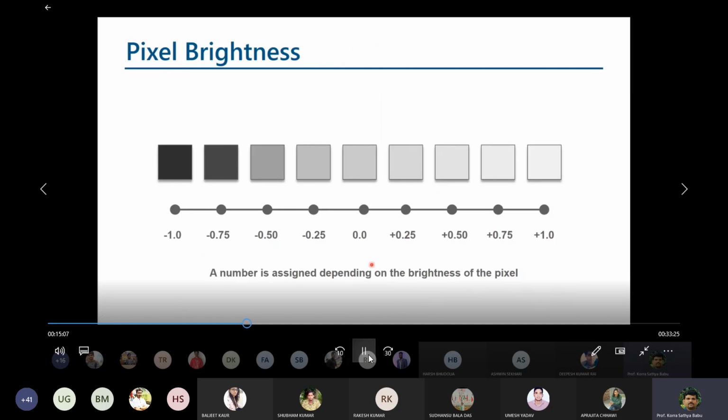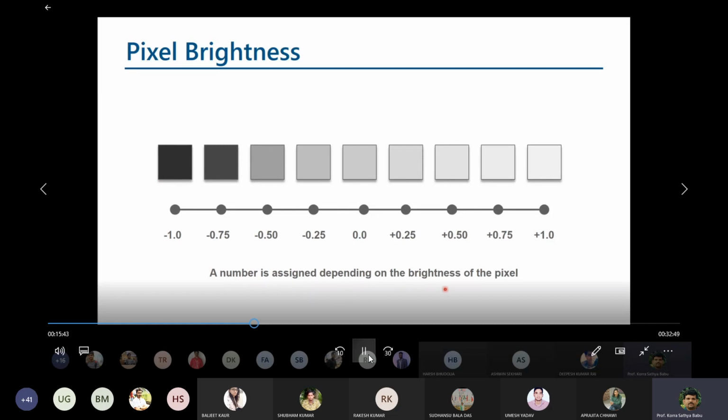The pixel brightness is measured, and for a grayscale image you have only -1 to +1. 0 is completely gray, +1 is completely bright white, and -1.0 is the darkest.